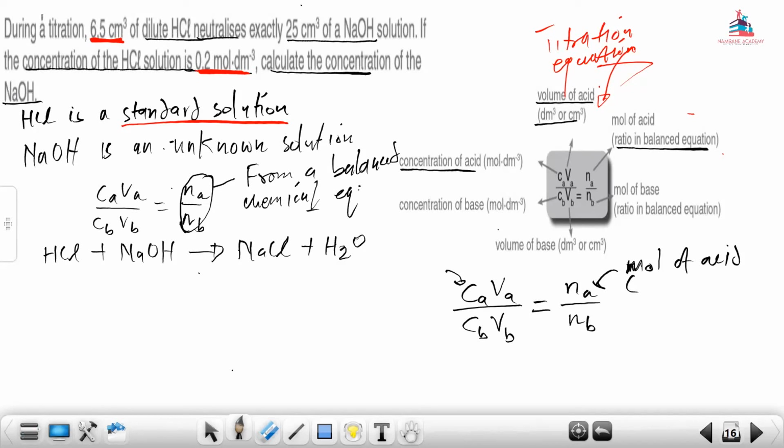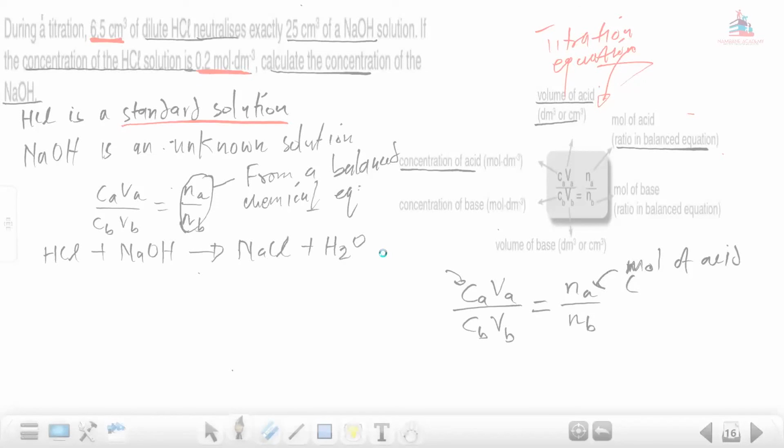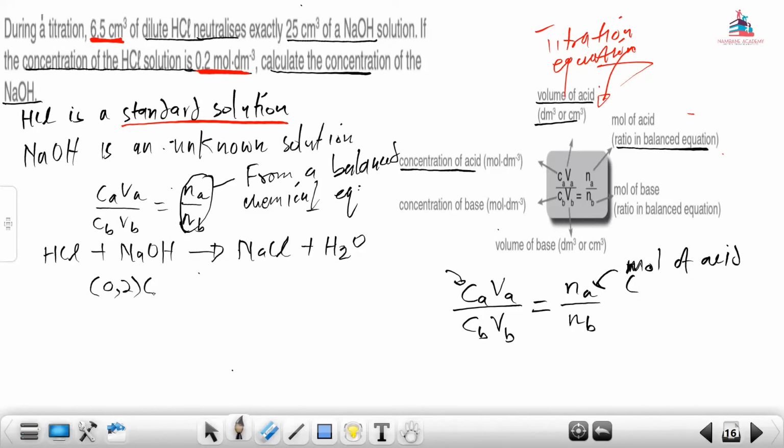So I can easily say the concentration of the acid that I have is 0.2. I'm going to quickly write that down. 0.2. The volume I have, I can leave it as 6.5 centimeter cubed. It's not a problem, provided that the volume of the base is also in the same SI unit.